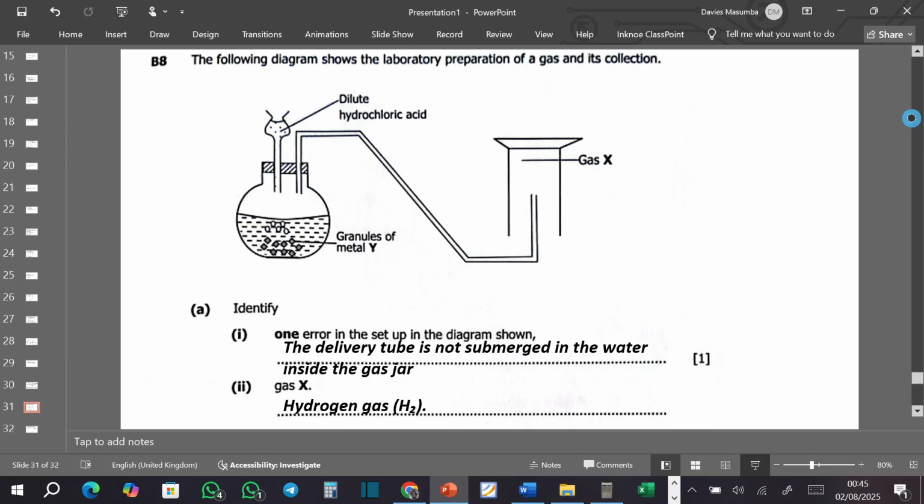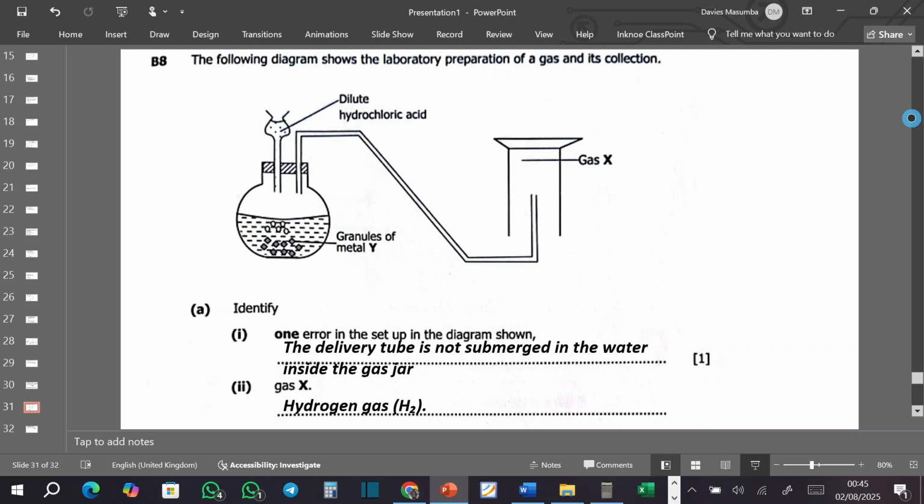Okay, so question D8 says the following diagram shows the laboratory preparation of a gas and its collection. So this gas is lighter, so we already know this gas. We have dilute hydrochloric acid and granules of metal.